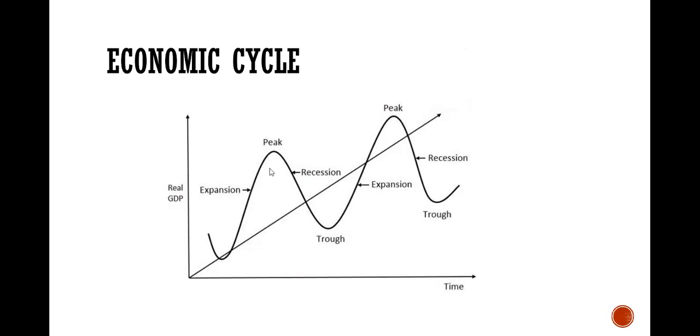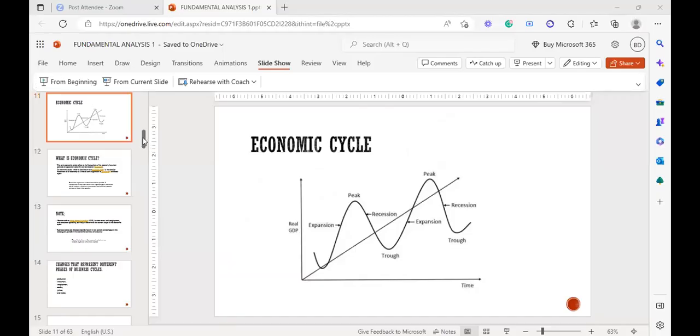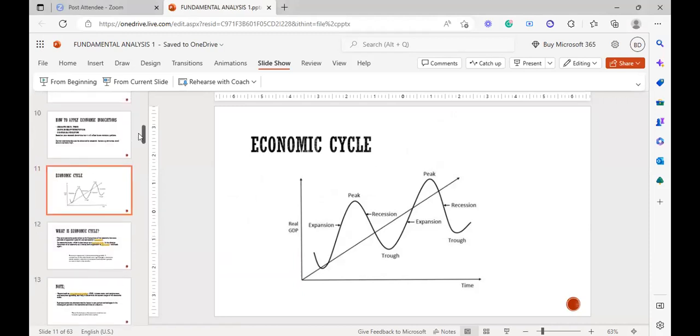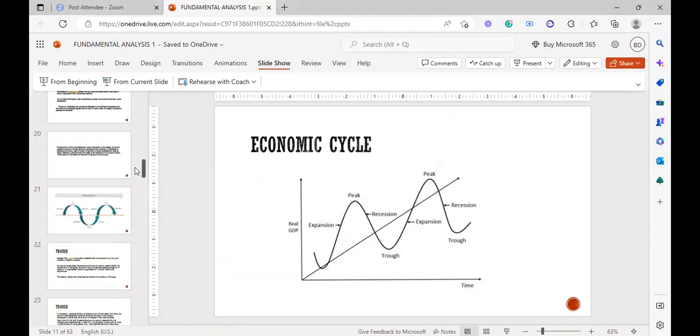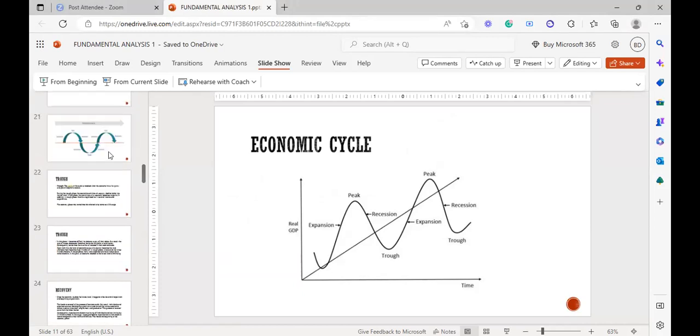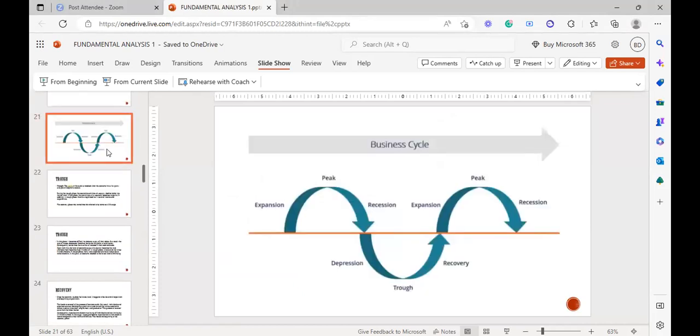So you have your expansion, price moves into a peak, then another expansion again. So we'll talk about it in the next class. Does anyone have any question? Yeah, okay. So we still have economic indicators here also. So probably I wanted to go through that diagram here again.